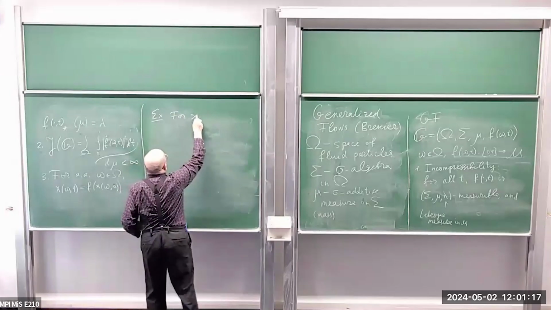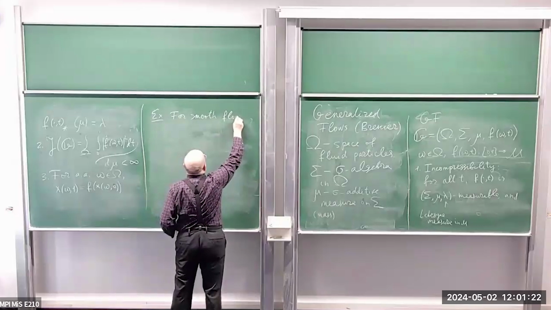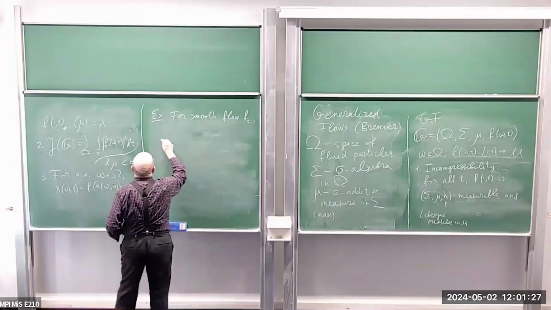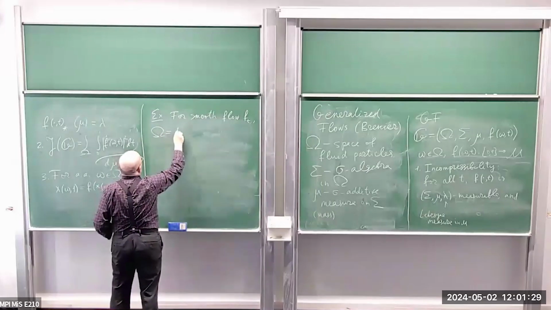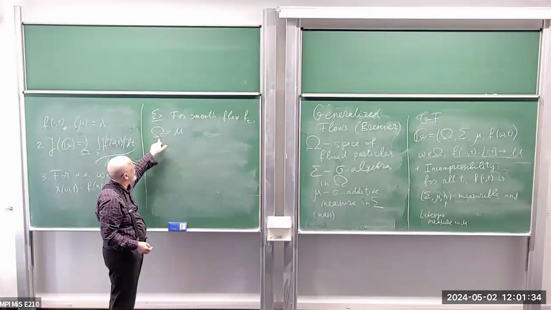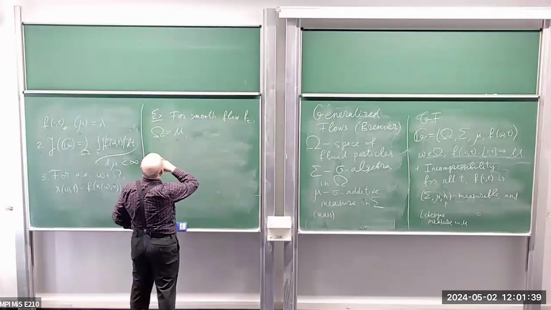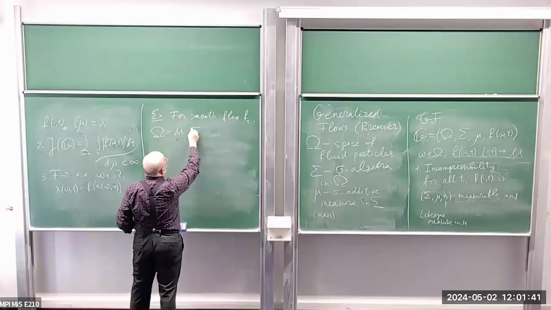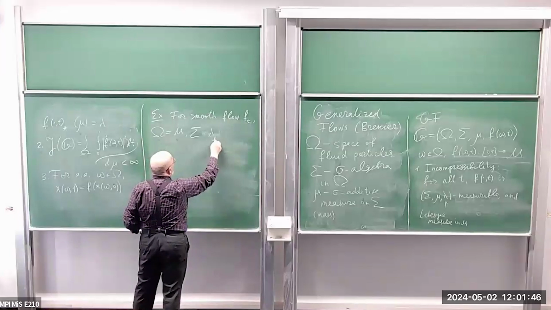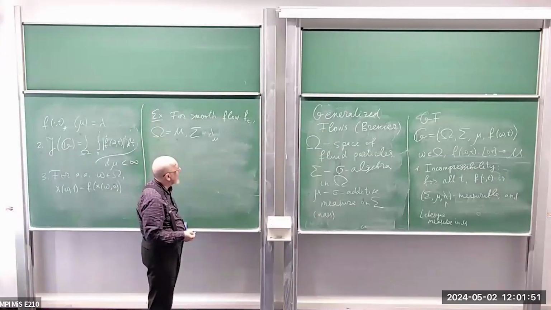for smooth flow of T, we have omega equals n. Yeah, here it is small space, but it's enough. Omega equals n. Sigma equals lambda on m. So Lebesgue measure, okay, two-dimensional Lebesgue measure.